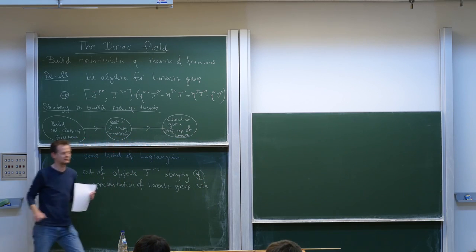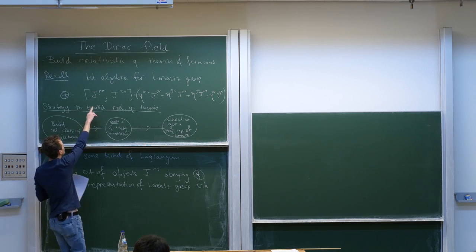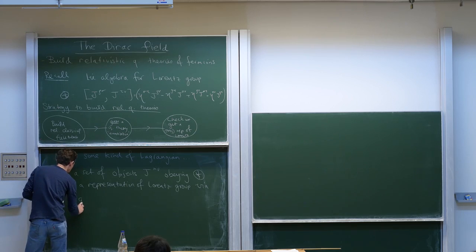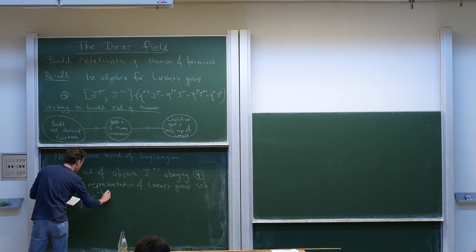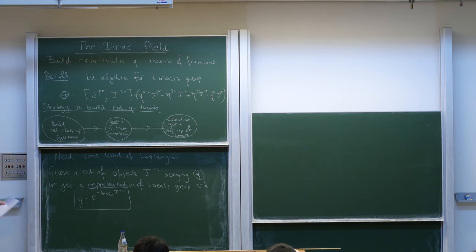We can get a representation of the Lorentz group by exponentiating these matrices. They'll be 4 by 4 matrices in our case. And then we're going to look for Lagrange densities invariant under these transformations.